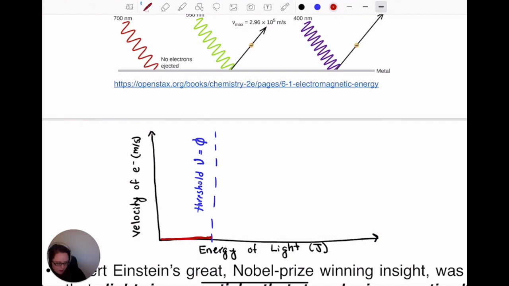Once we hit that threshold energy, as we're getting to shorter wavelengths and higher frequencies of light, we start to pop off electrons. And then as we increase the energy of light, the kinetic energy of that electron also increases.